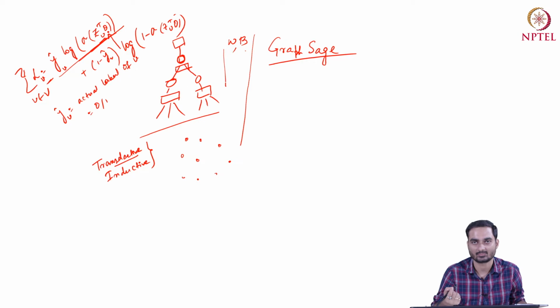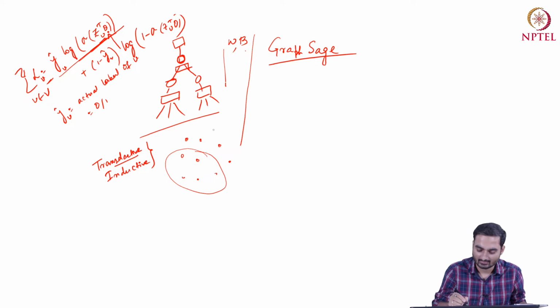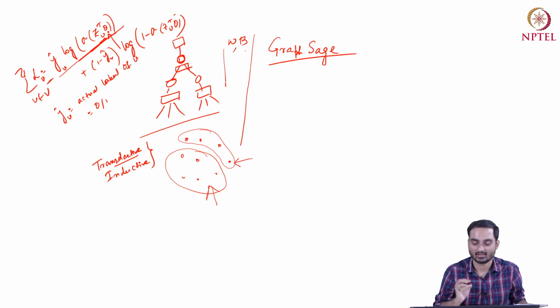Let us say it is a classification problem, and you know the labels of some of the nodes in the graph, and your task is to get the label of the other nodes. So, from the labeling point of view, this is your training set, this is your test set. But remember, the test set is also known to you.